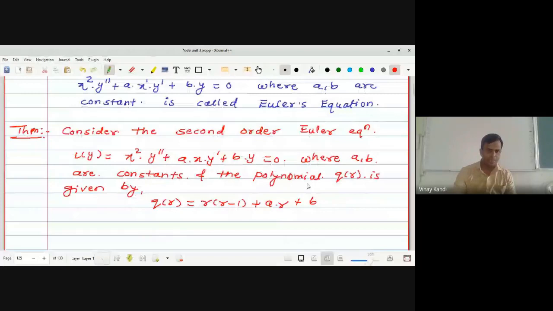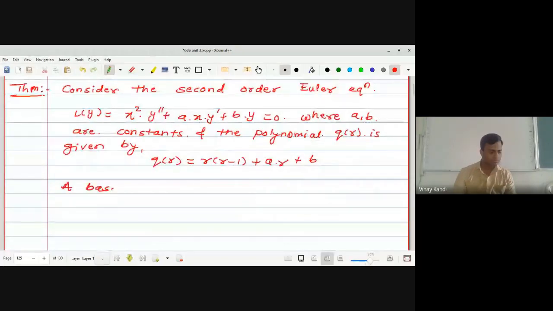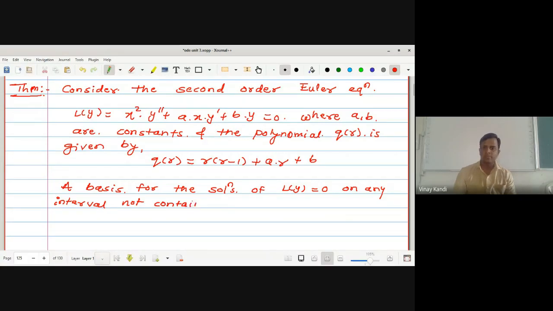And a basis for the solution of L of y equals 0 on any interval not containing x naught, that is x equal to 0.